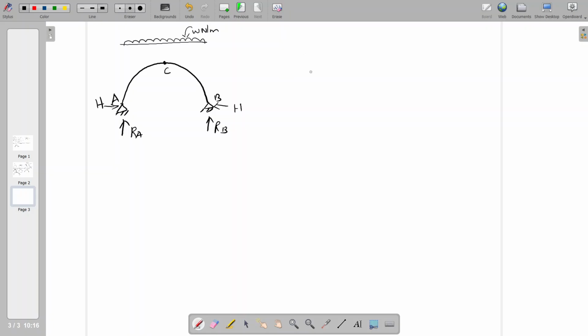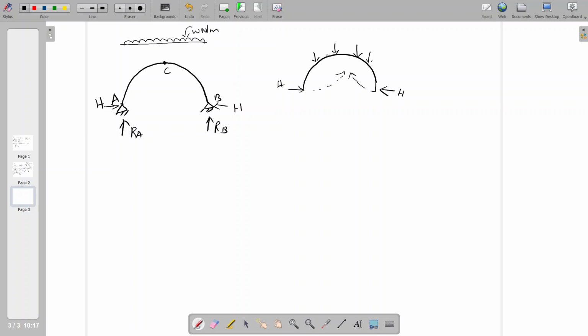So the arch action is, you are applying the perpendicular load on the surface of the arch so that this arch will sag. Due to the horizontal reaction developed at the support, it will lead to hogging type of bending.